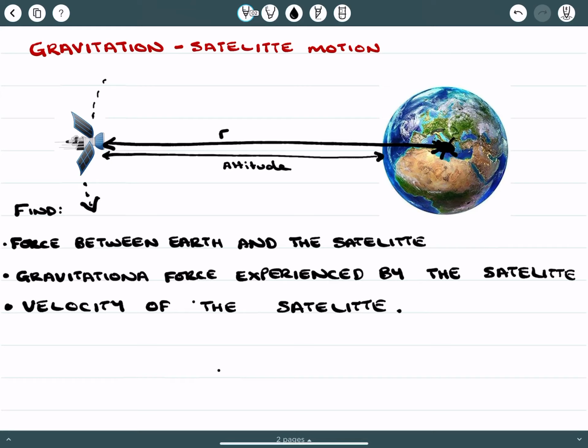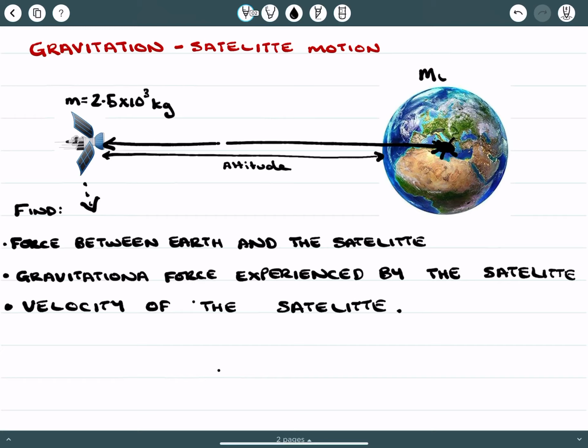Now, for this example, we're obviously going to have to know a couple of values that we're going to anticipate. So we're going to say that the mass of this satellite is going to be 2.5 tons. So we'll represent it in kilograms, and we'll use scientific notation, 2.5 times 10 to the 3. It's probably the size of a minivan. Okay, 10 to the 3 denoting what tons would be.